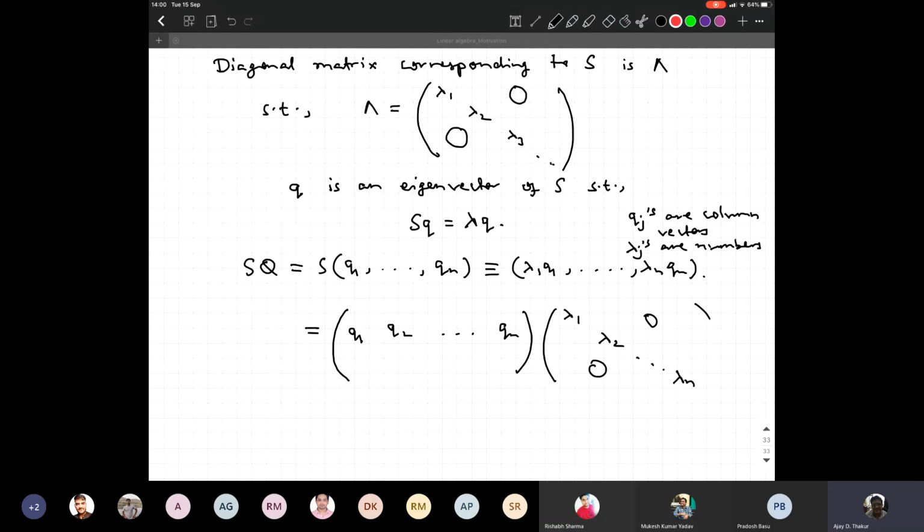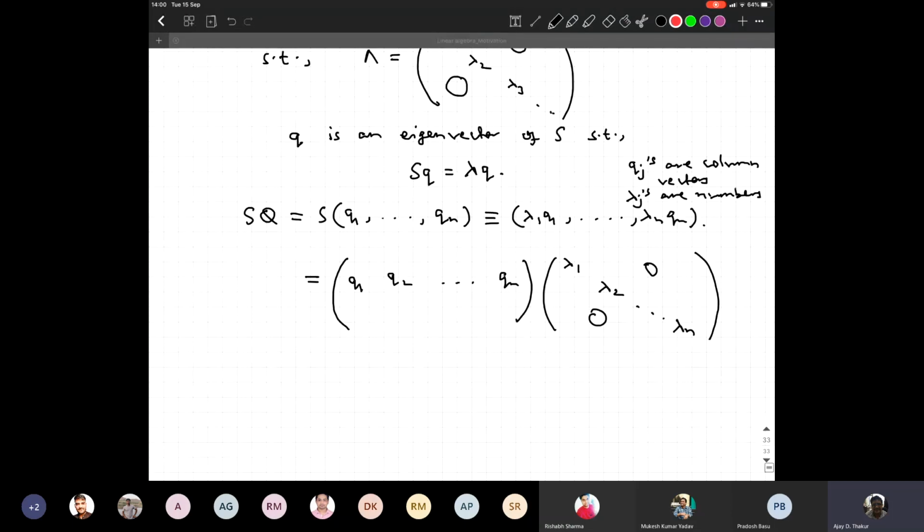Therefore this is simply written as Q times lambda.